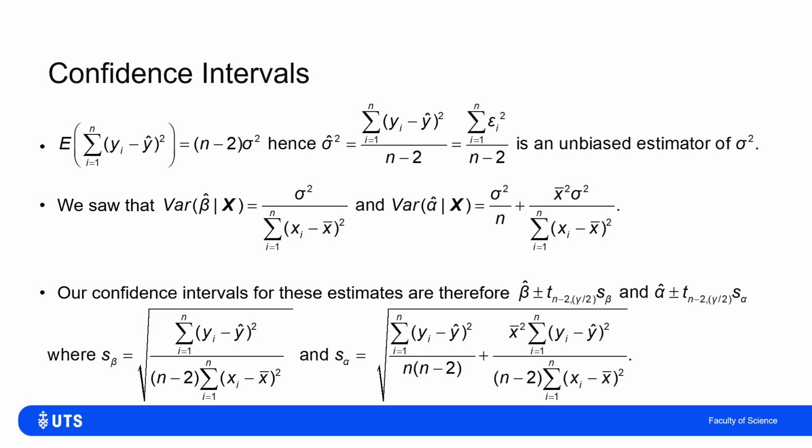I want the confidence intervals around those where I don't know sigma squared and I'm having to estimate it from the sample. Again, I've just substituted through with the estimate. It gets very messy, but again, I'm using a t-statistic just with very messy estimates of what these standard errors are.